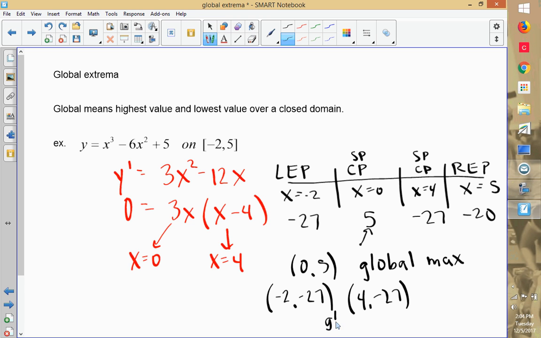It's going to be your global minimum value. So you're just checking y values to see whether your endpoints are higher, or where we have critical numbers, or essentially where we could have any relative extrema, we are going to have our global max or min at those places.